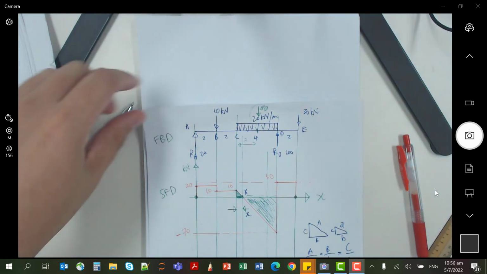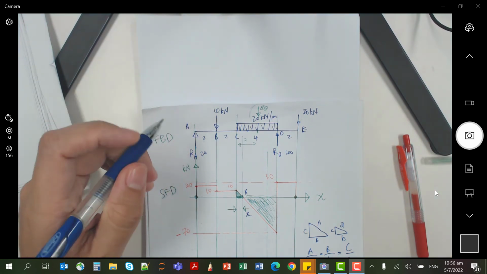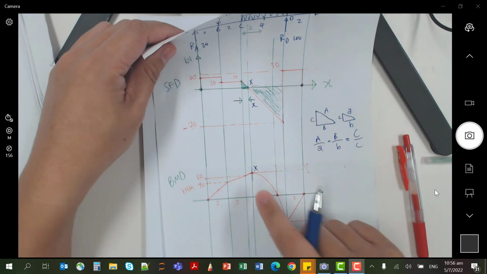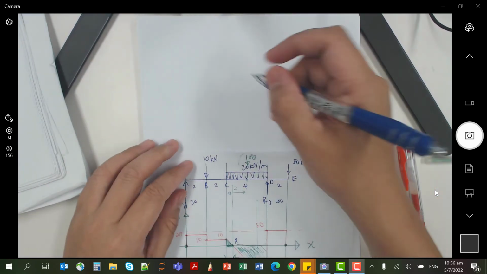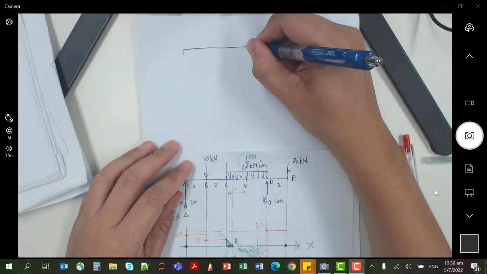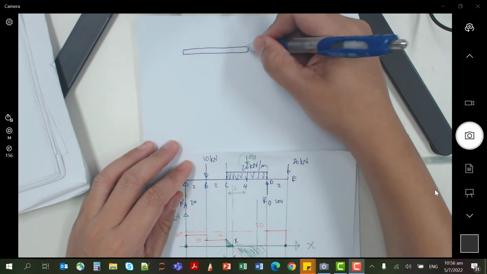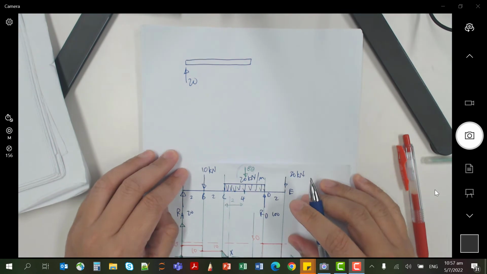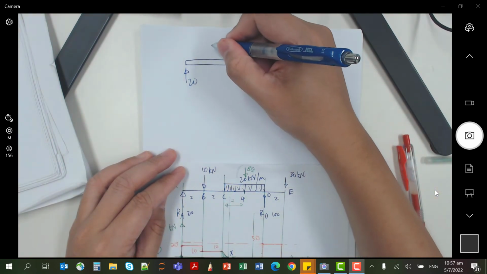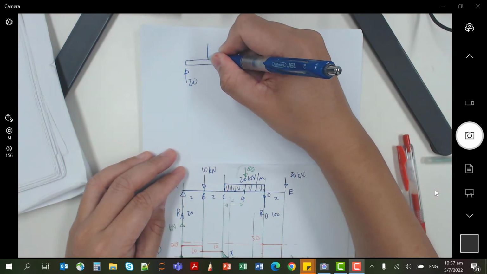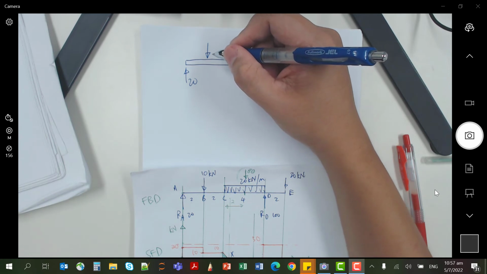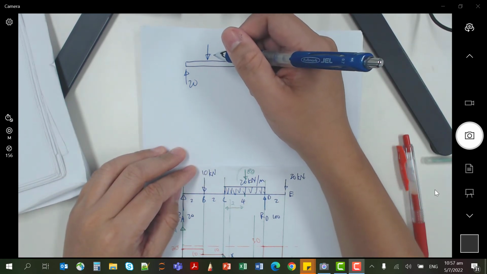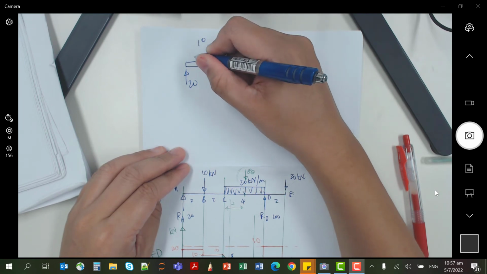This point is x, so let's cut at x. You're going to have this free body diagram. This is A, which is 20. At B, you are going to have 10. This is 2 meters.